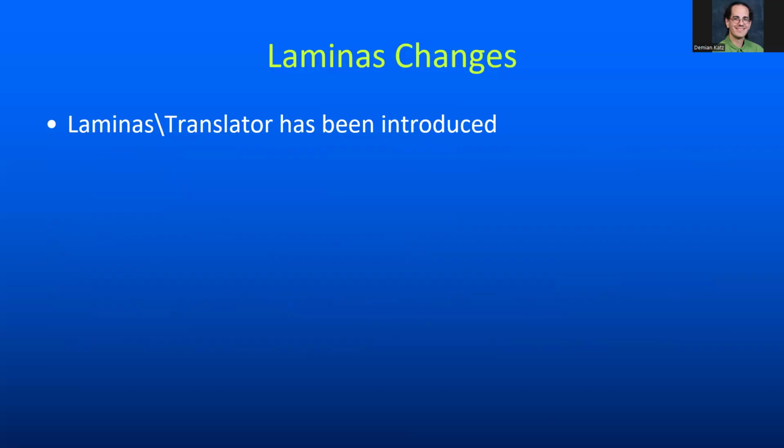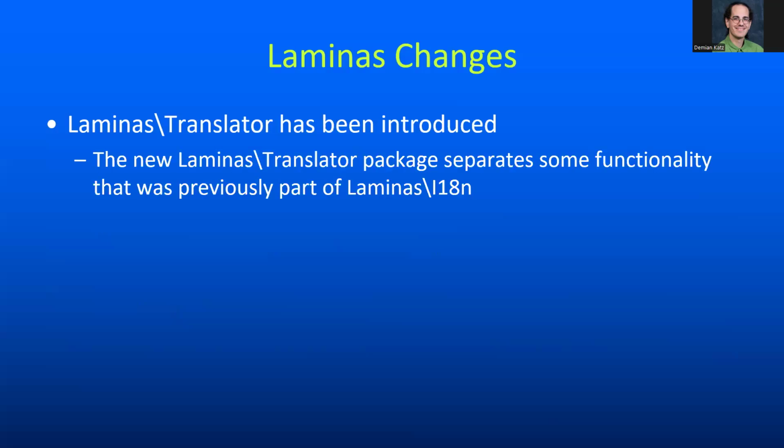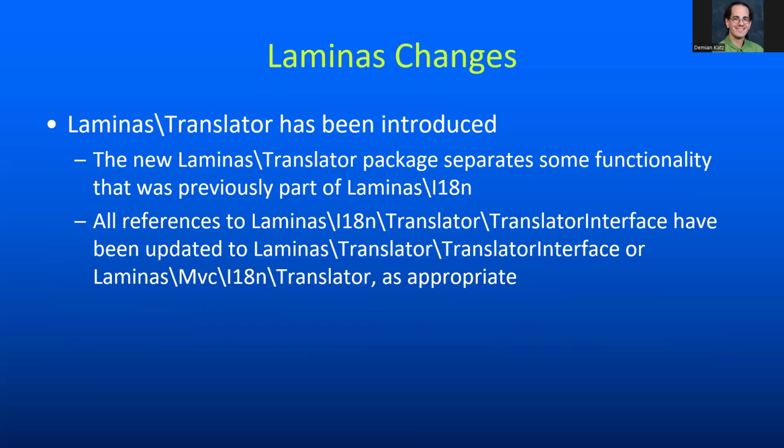Additionally, this is a relatively small thing, but the Laminas community is rearranging some packages. Previously, translation was integrated into their internationalization module. They've split it out into a separate Laminas translator package, and we've introduced that into our codebase for forward compatibility. As I said, this new package separates some things just to make the Laminas ecosystem more granular.